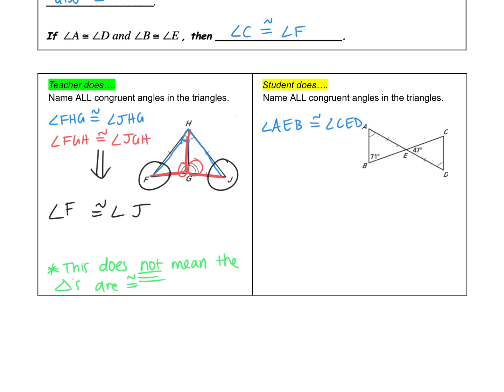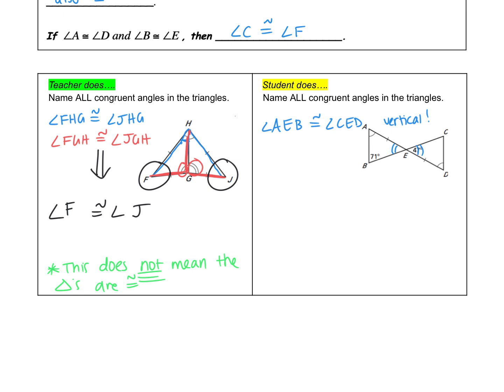AEB is this one. CED is this one. Why are those congruent? What kind of angles are they? Vertical angles. Did Thomas need to use 3 letters? Definitely. There's a whole lot of angles at E, so you have to use 3 letters.